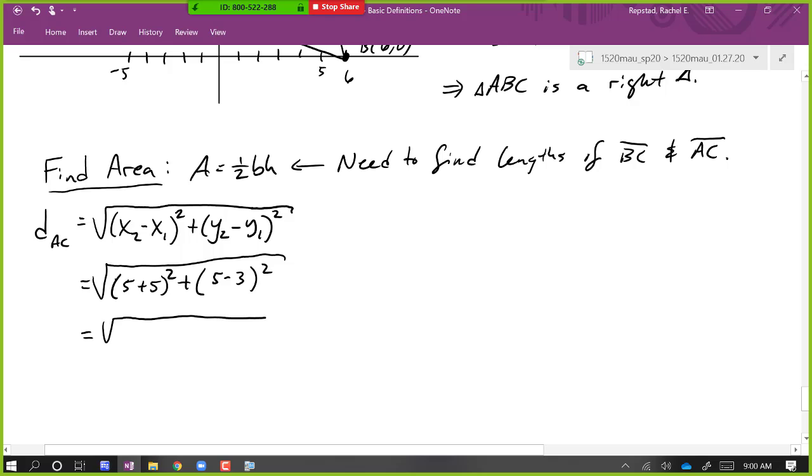So we've got 10 squared is 100, 2 squared is 4, so we have the radical 104.